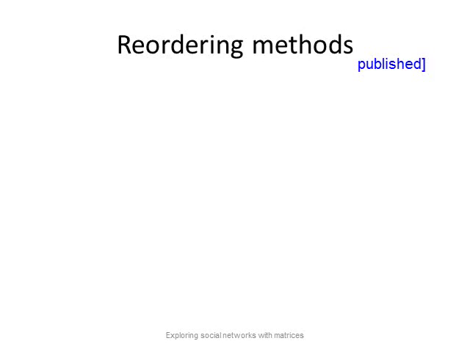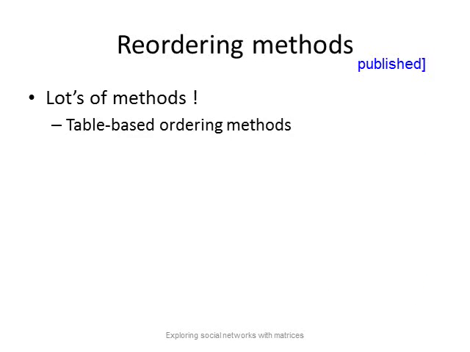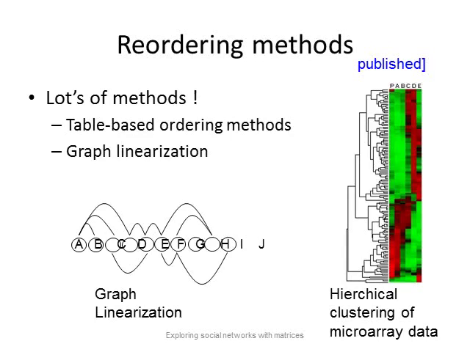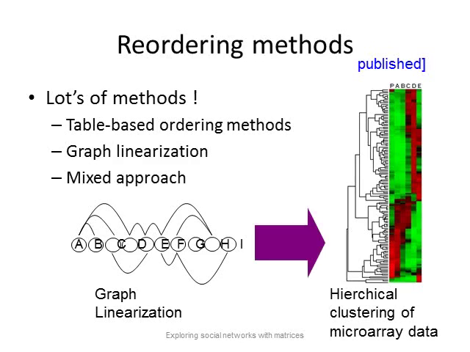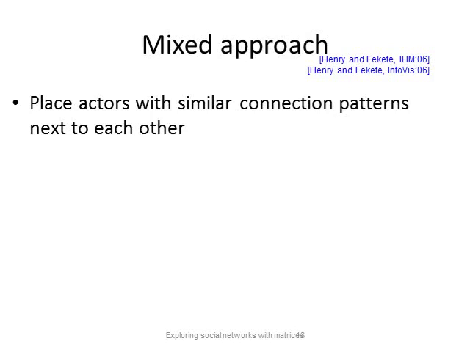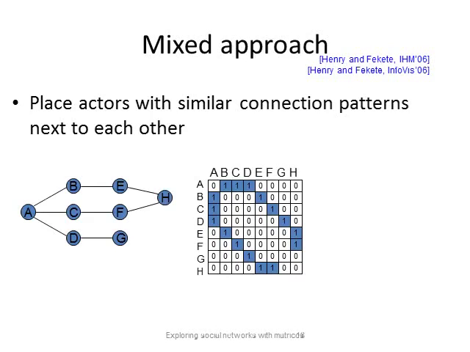The interesting part, and we're still working on a survey on that, is that the algorithms come from every direction: biology, graph theory, etc. The way we do it is we try to put similar patterns next to each other, meaning that if a vertex is very similar to another one, we want to put them close to each other.